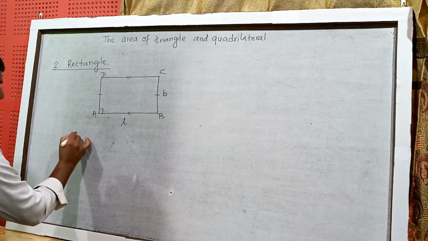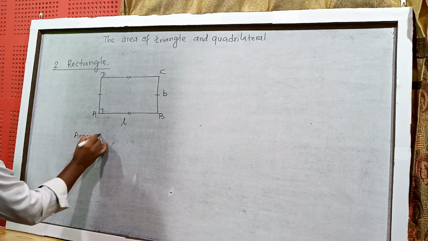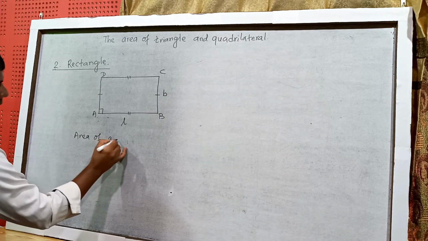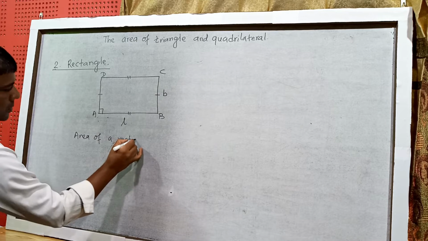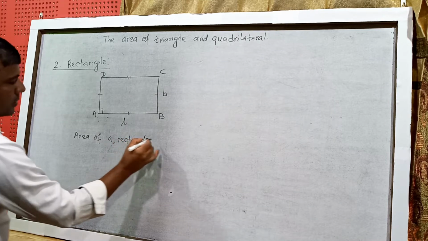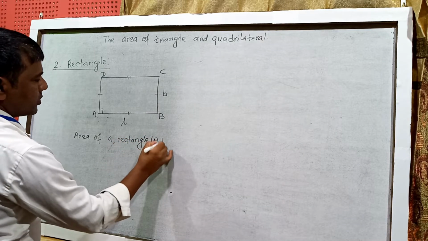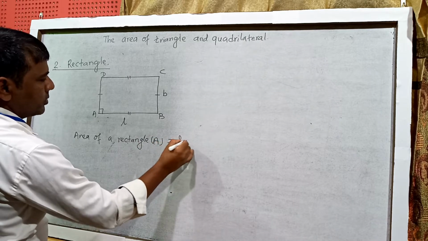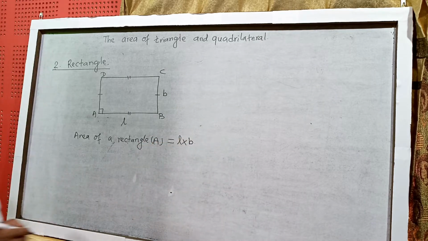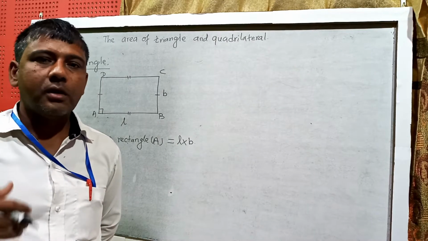And the area of a rectangle, A equals L into B, length into breadth. In this way, we find the area of a rectangle.